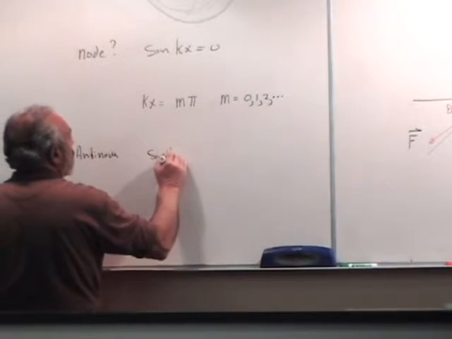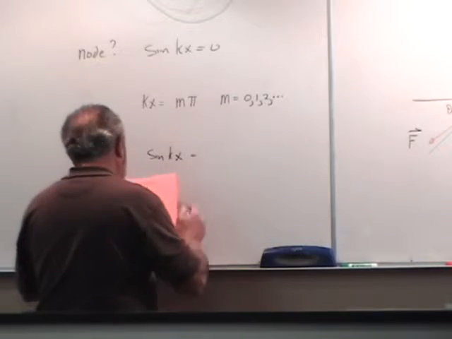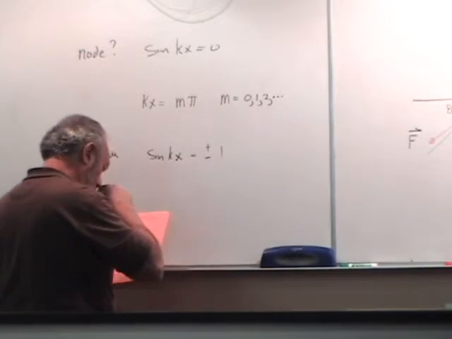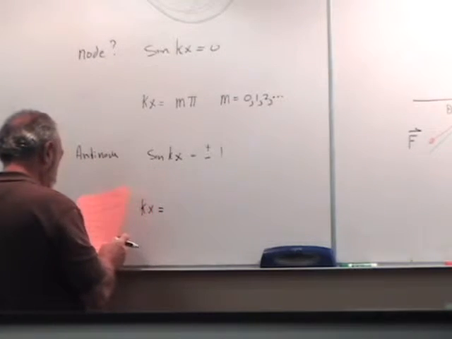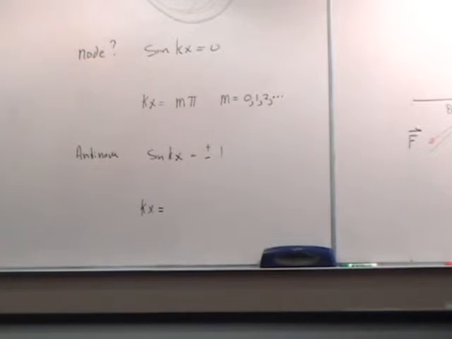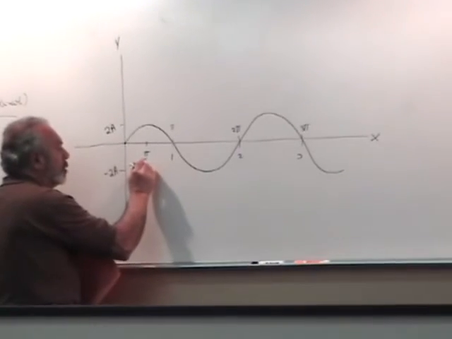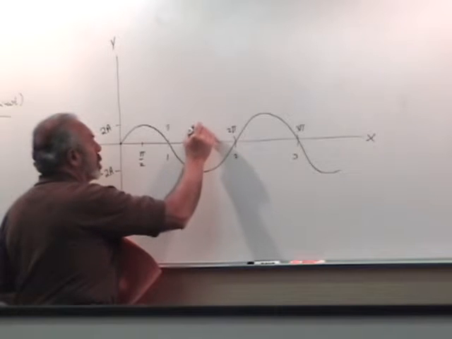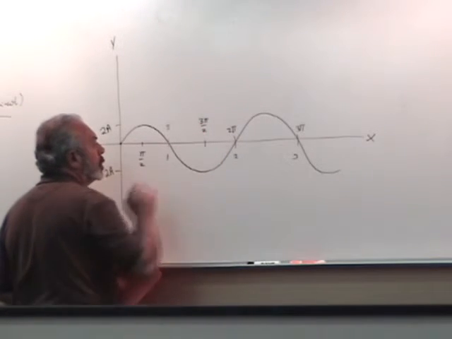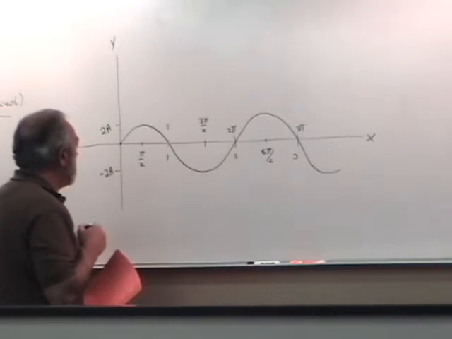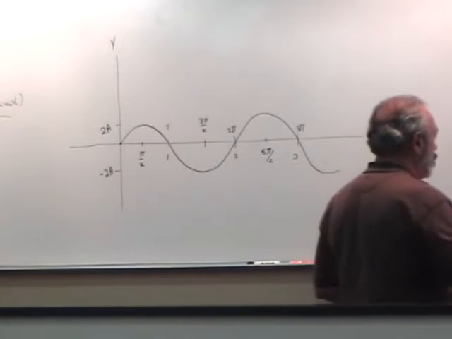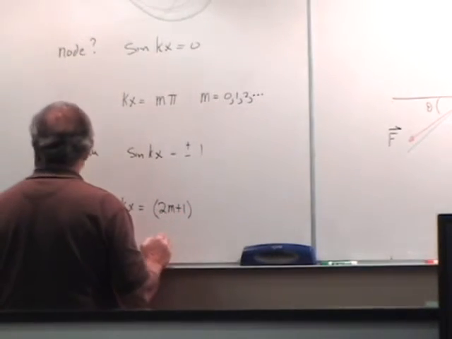antinode is when sine kx equals what? Plus or minus 1. And that, of course, is when kx is equal to odd half wavelengths. Pi over 2 or 3 pi over 2 or 5 pi over 2, etc. So, to get that, of course, the mathematicians love to do it this way: 2m plus 1 times pi.